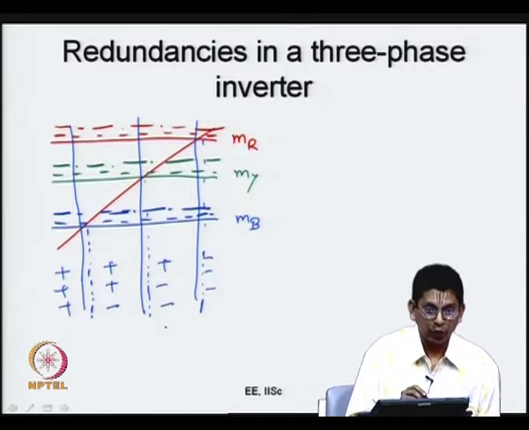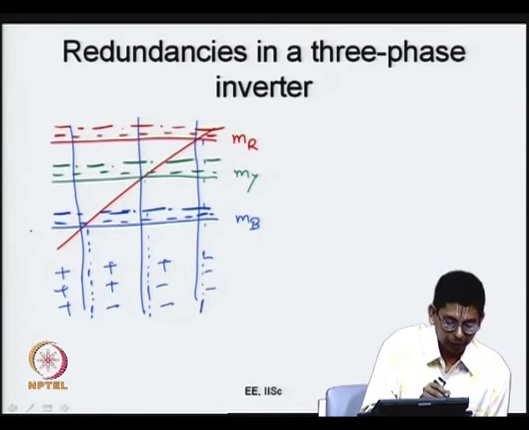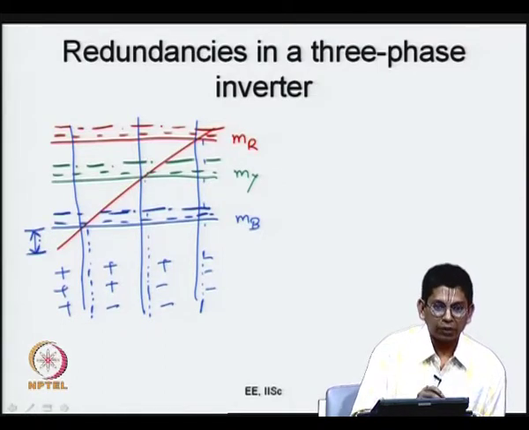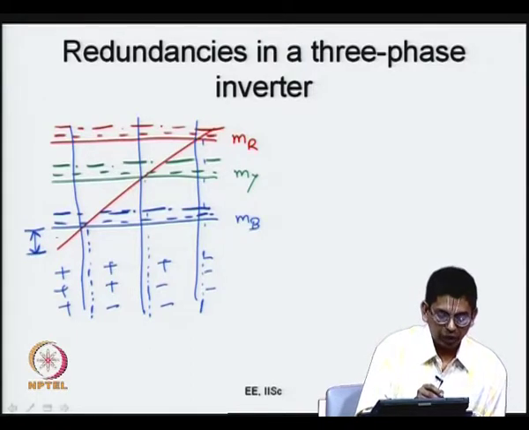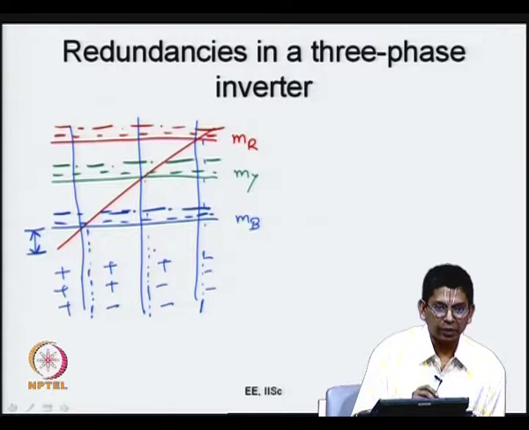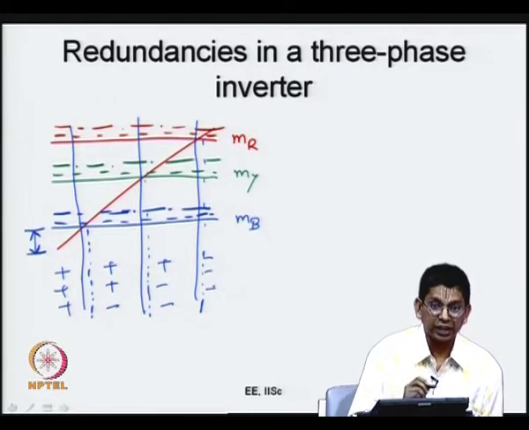The other thing that you can do is to add a negative common mode component, and how big can the negative component be? It can be as high as this, of course, in the negative direction. So, if you add a negative component equal to the difference between minus Vp, that is the negative carrier peak, and Mb, then Mb will come and hit the negative limit, My will come down, Mr will also come down, but Mb comes and hits the negative limit.